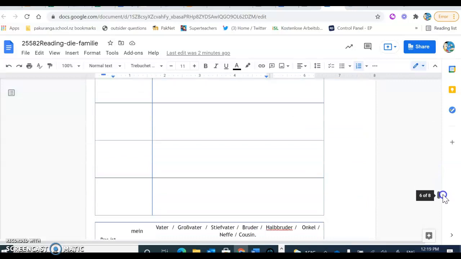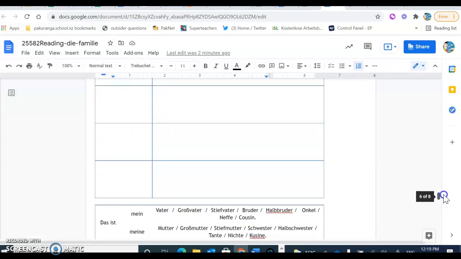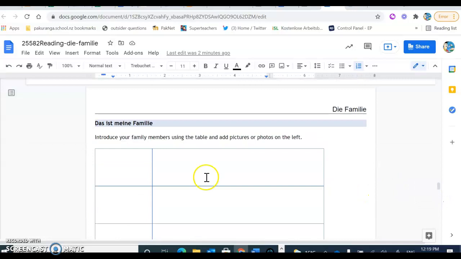And then this one here, introduce your family members using the table and add pictures or photos on the left, right? So you might have a picture of your sister and you say, that is my sister. She is called Michelle and she's so-and-so years old.